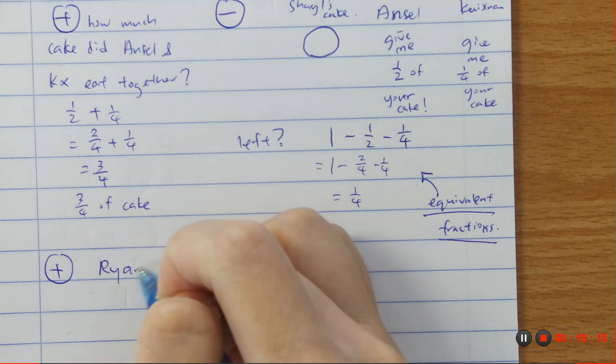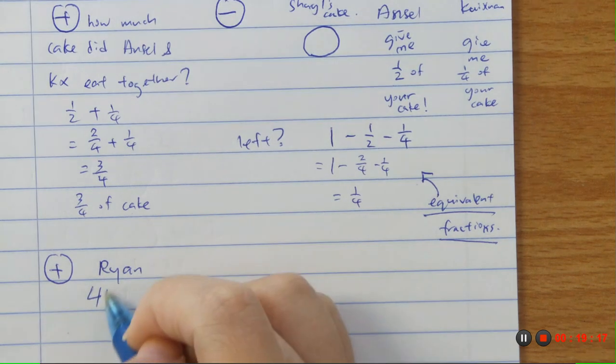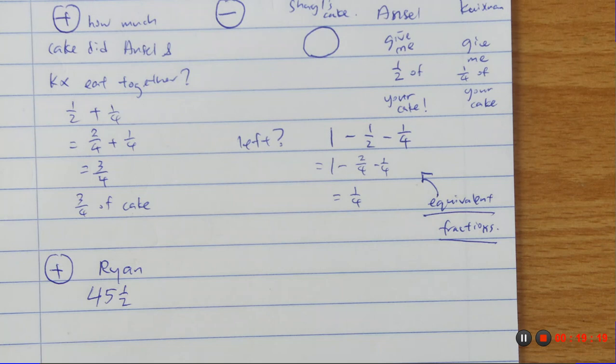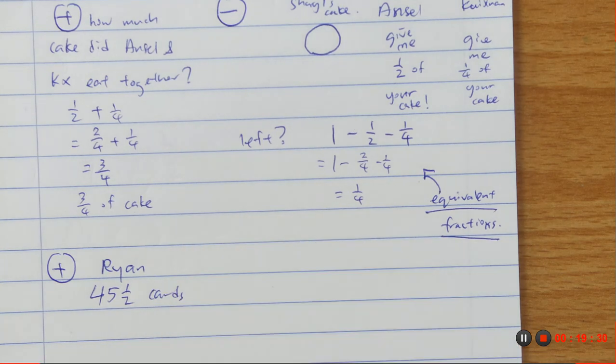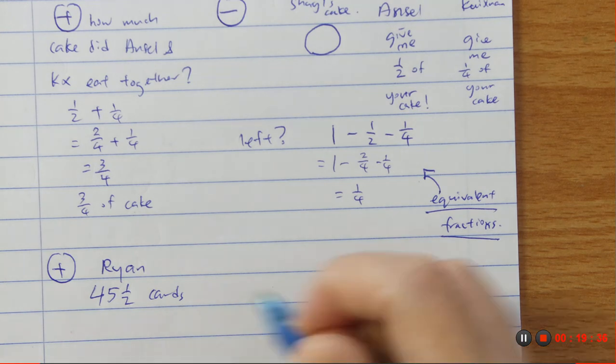Ryan has 45 and a half cards, because one was torn, right? Then Skylar said, don't be sad. I give you all my cards. I've been collecting all my life.